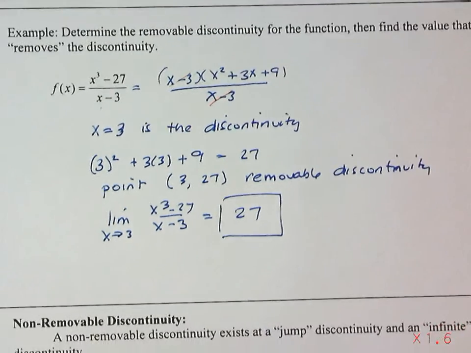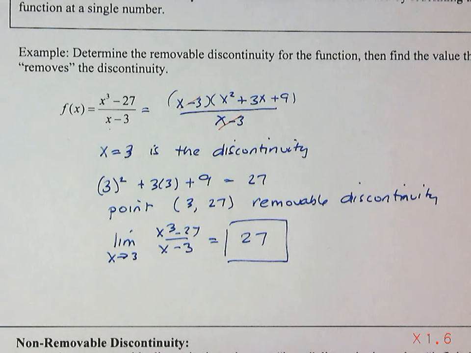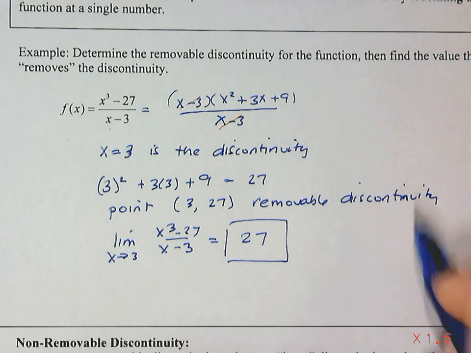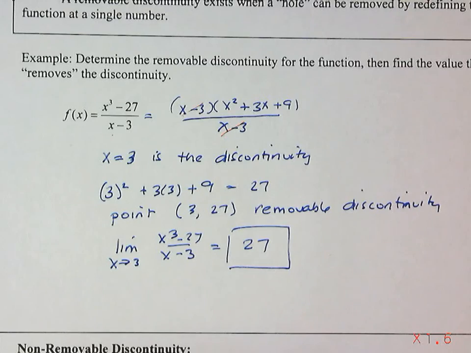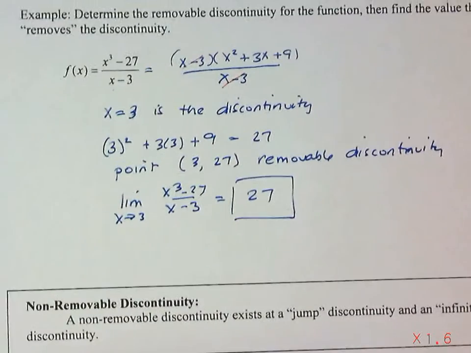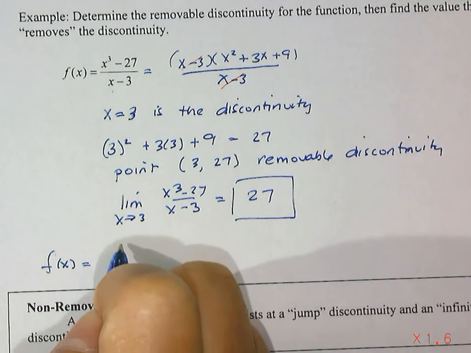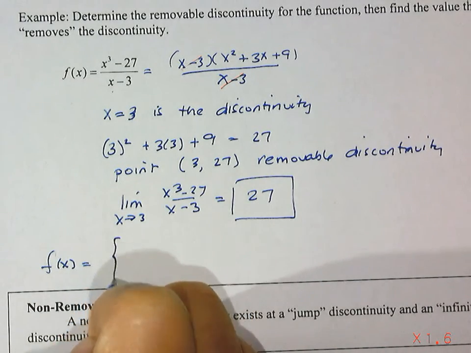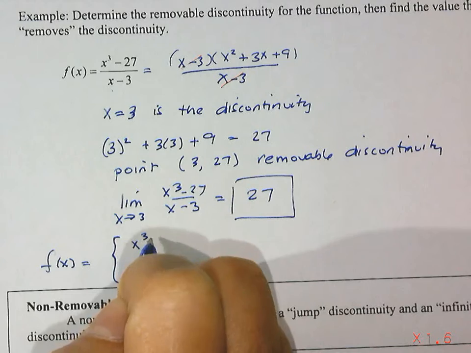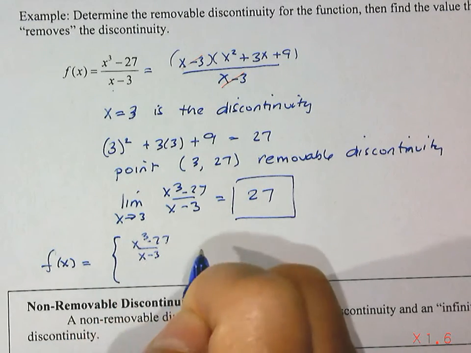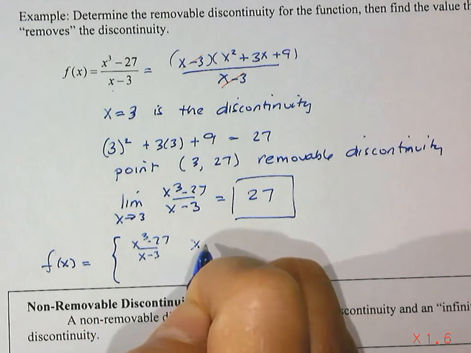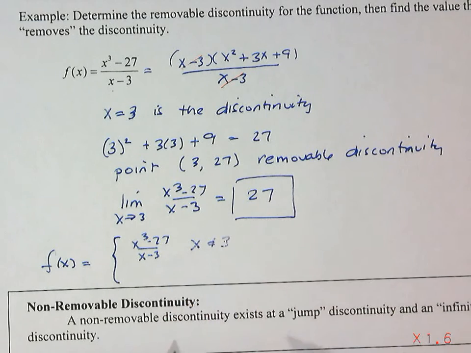So that is called a removable discontinuity. I can remove that discontinuity by plugging in the point (3, 27). On a piecewise function, what it would look like is I would have f of x equal to x cubed minus 27 over x minus 3 when x is not equal to 3.